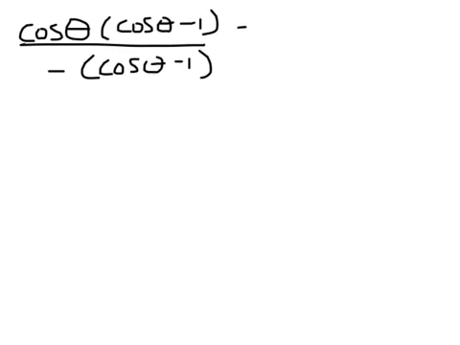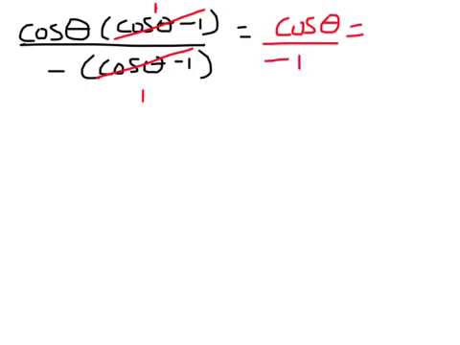So remember, if you've got two things that are subtracted and swapped, what you can do is factor a negative out. So now these would cancel out, and I would just be left with cosine theta. And remember, you could write a 1 here and here over negative 1, which is negative cosine theta.